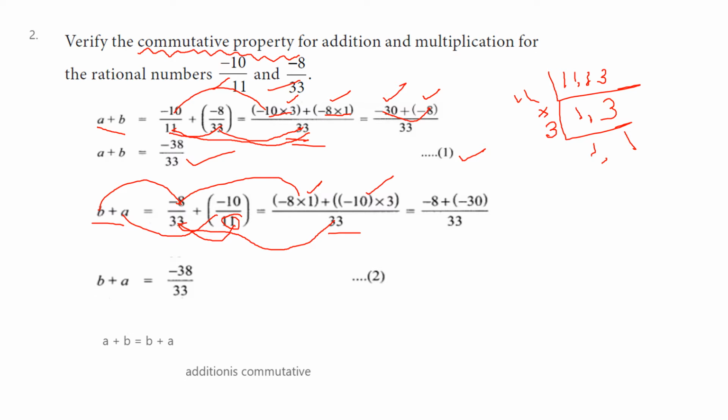Here also minus 8 plus minus 30 means same sign, so we add the numbers and put the minus sign. So minus 38 by 33. This is the second equation. Here you see 1 equals 2. That is a plus b equal to b plus a. Same answer. So addition is commutative.